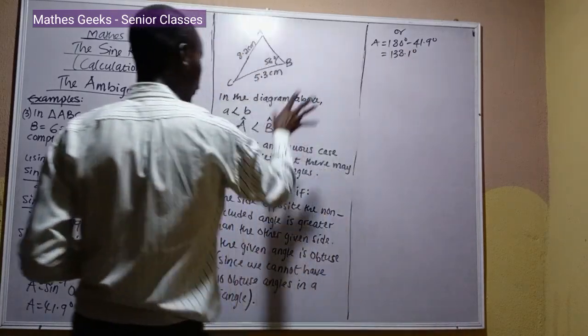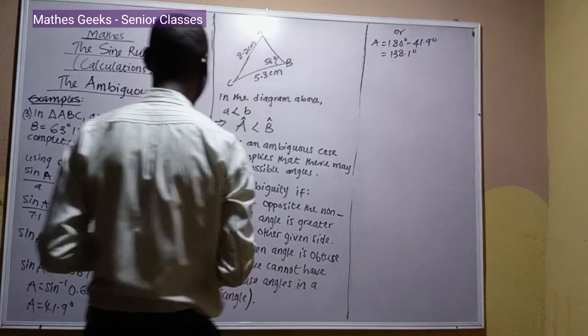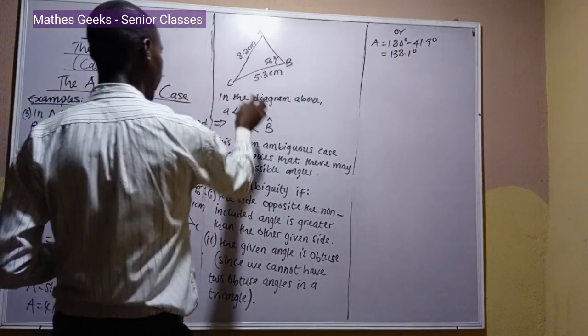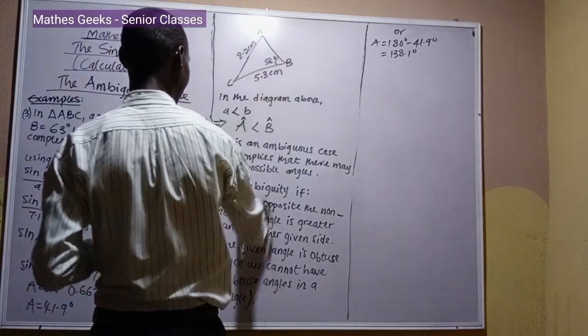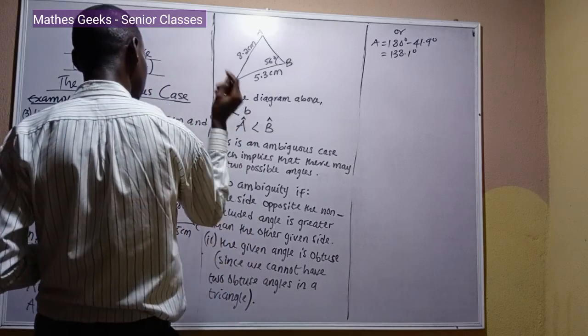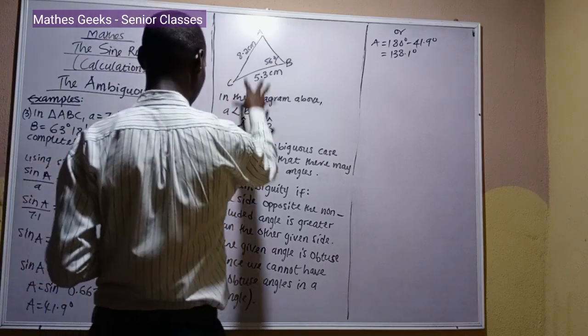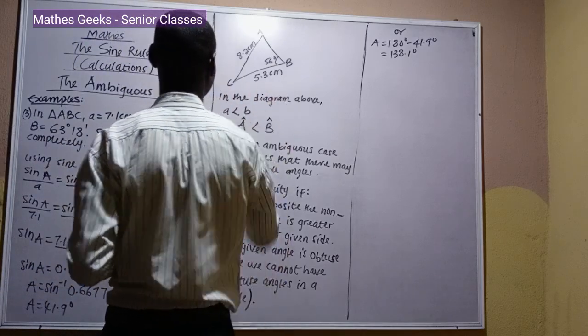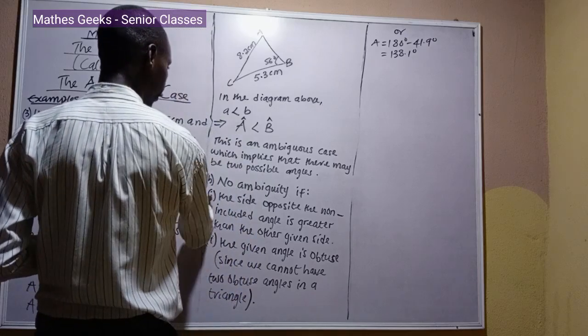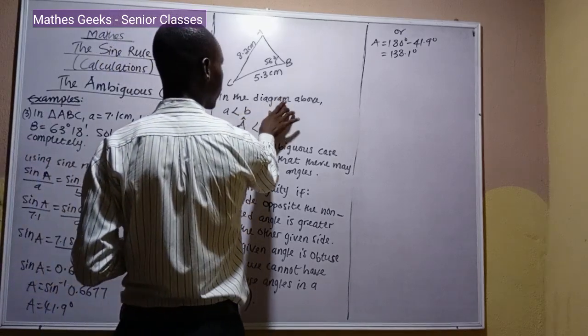Now we can leave the answer like this, but strictly, let's see. I left this part here because I was going to refer to it. So I want to use this part now. I've referred to this part and this part. Now I want to refer to this part.